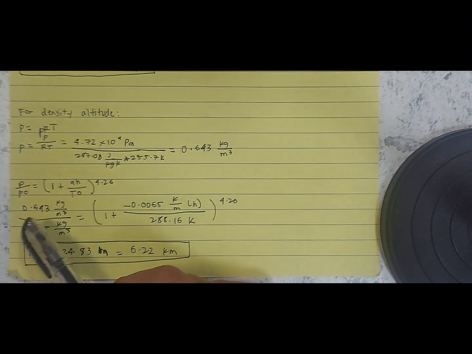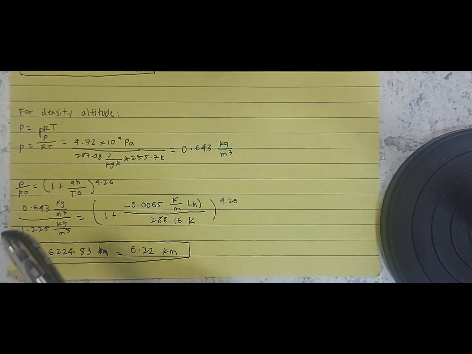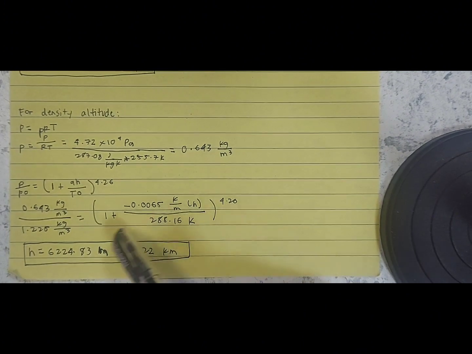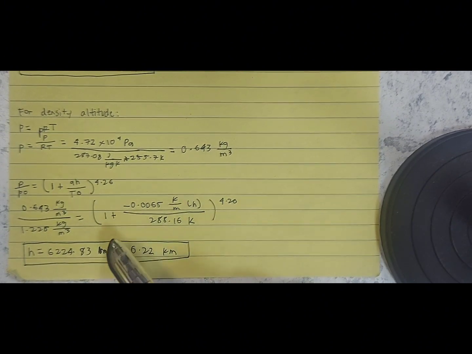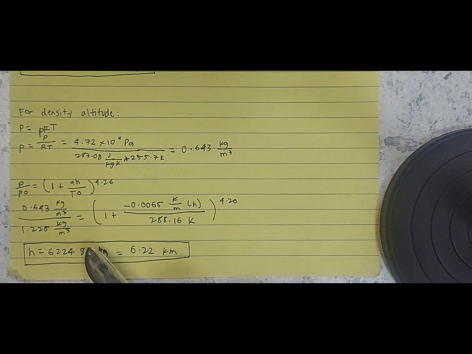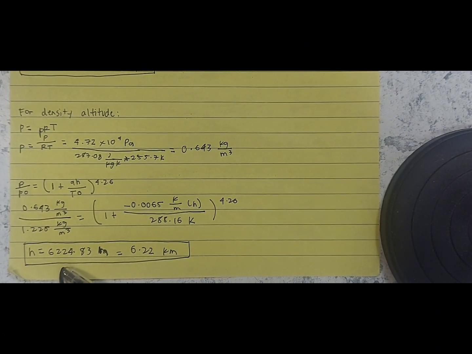After that, ilagay mo na lahat ng mga given, then i-solve mo na using the scientific calculator, and ito yung lalabas sa density altitude natin. Density altitude is equals to 6,224.83 meters or 6.22 kilometers.